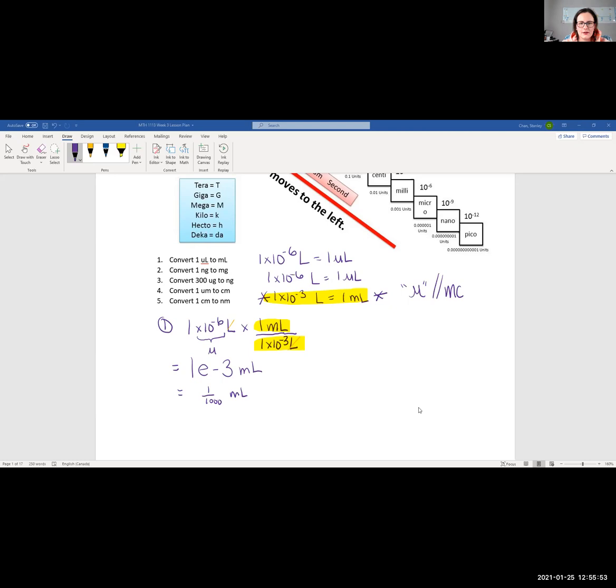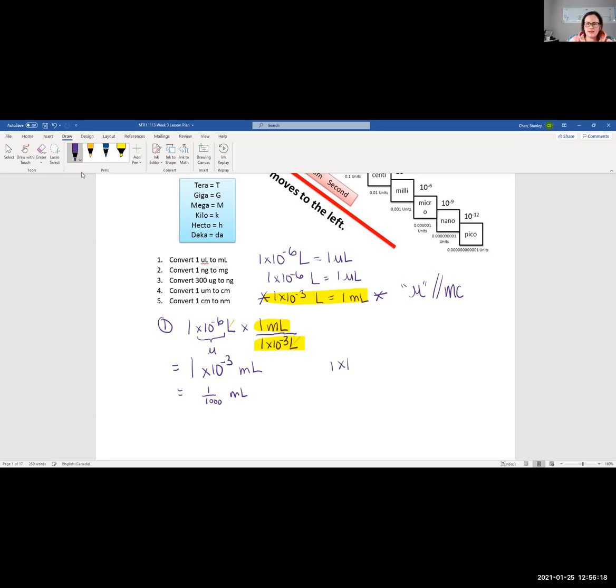Can't we just use the metric conversion? I think the 1e-3 kind of threw some people off. Oh, okay. Yes. Okay, so I can write that differently. That's 1 times 10 to the power of -3, which is equal to 1 over 1,000.